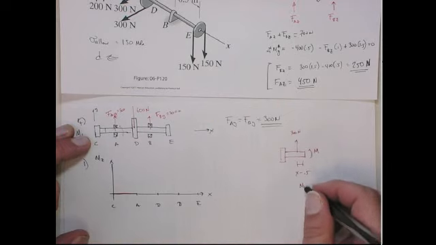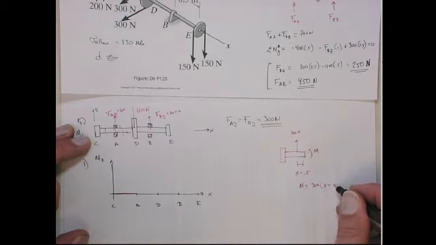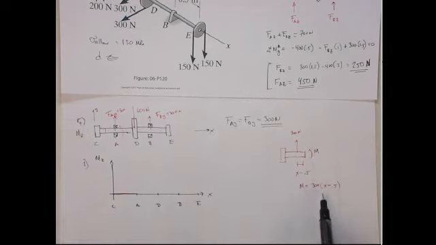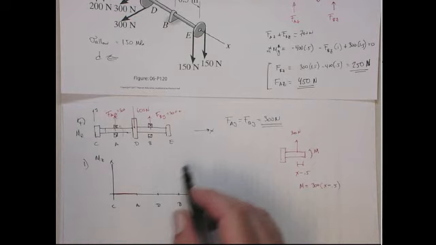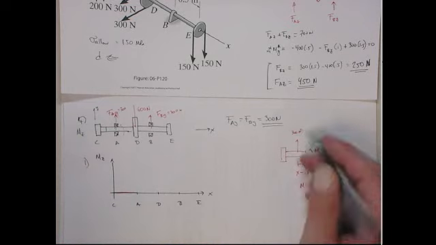So the moment is actually equal to 300 times the moment arm. All right? So whenever you have a point force, it's going to put a linear moment in the moment diagram, and the slope is always going to be equal to the value of the point force.